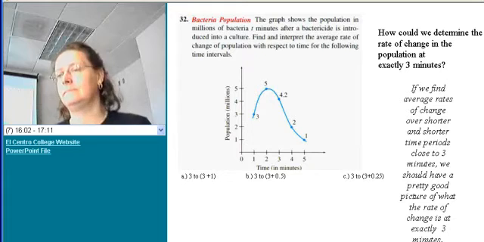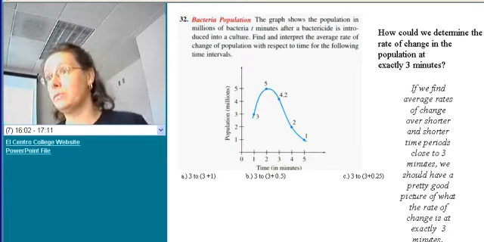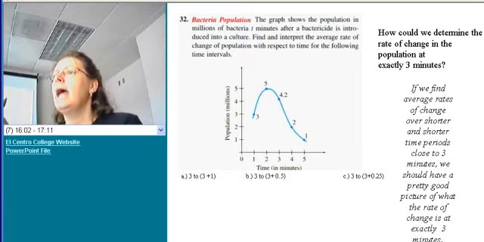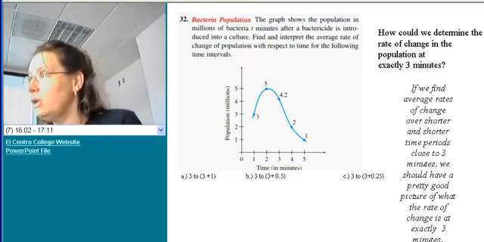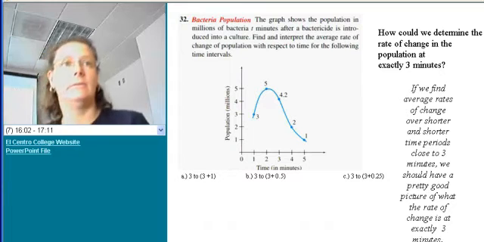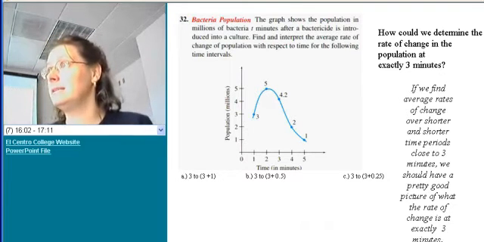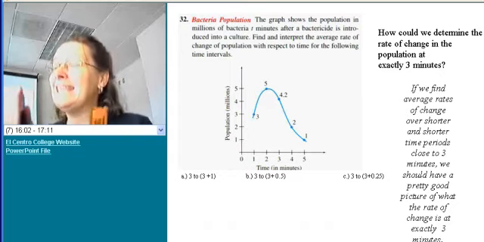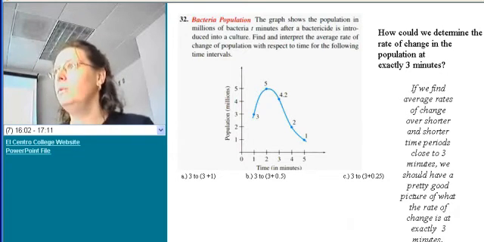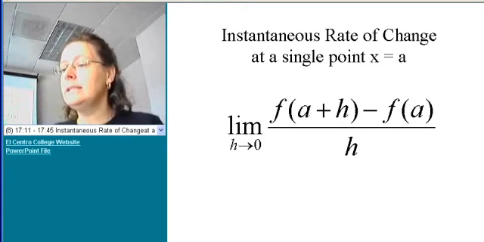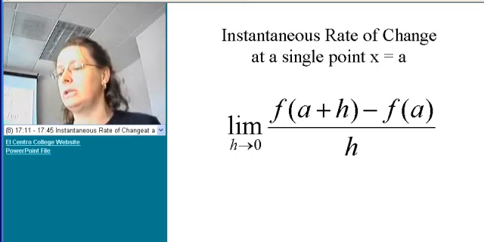What about the difference quotient? Remember, the difference quotient is a different way to look at average rate of change. We want to make the h values smaller and smaller and smaller. What's the language that we've talked about for that? A limit, right? If we want to know how the function is changing at exactly 3 units, we can take a limit. We call this the instantaneous rate of change.